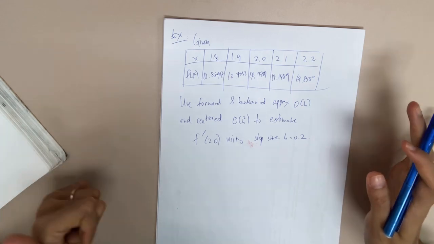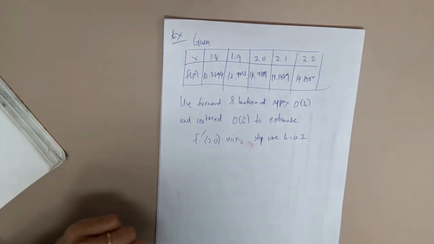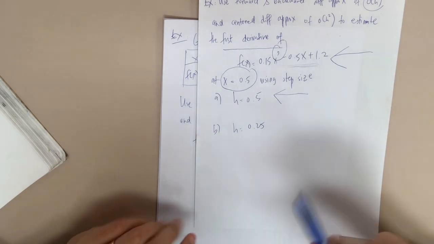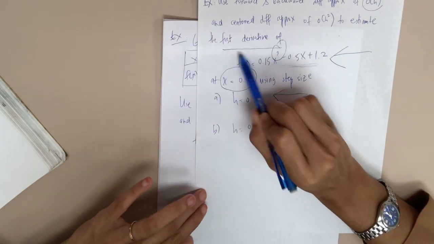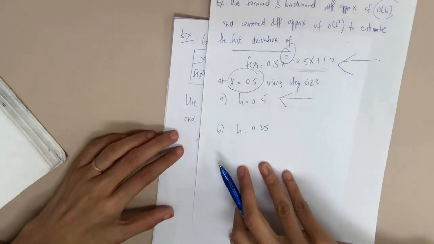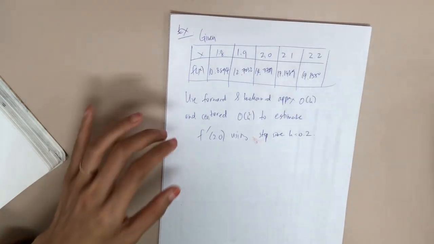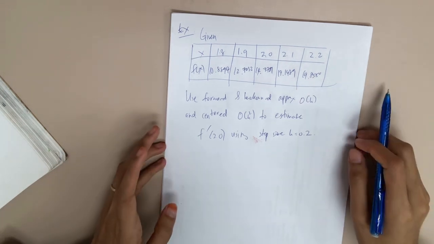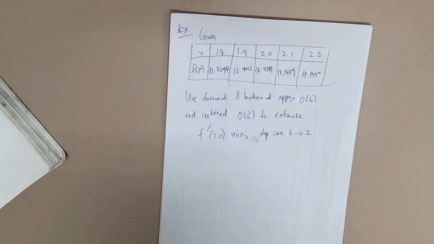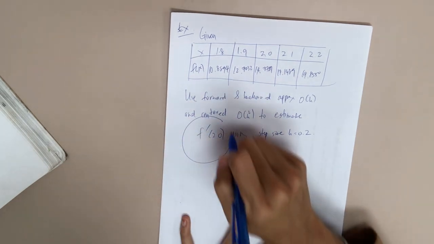Previously the question mentioned first derivative, but for this question it doesn't state the words first derivative. So how can we know whether this example wants the first or second? You need to refer to this.